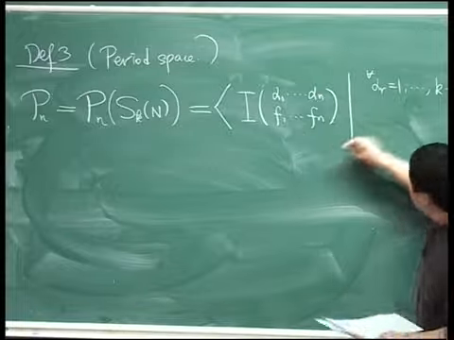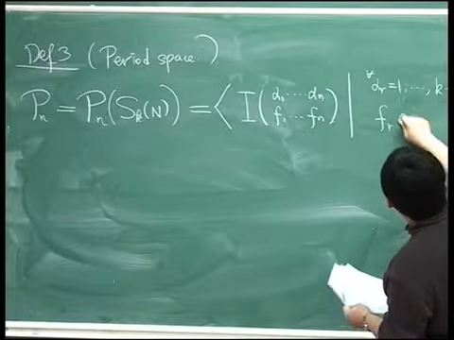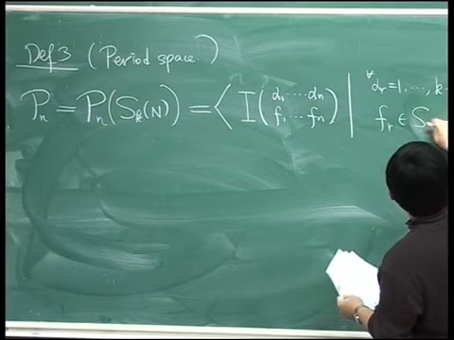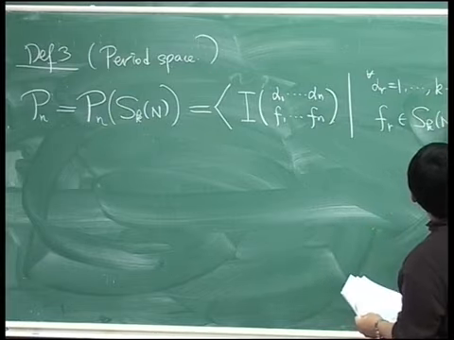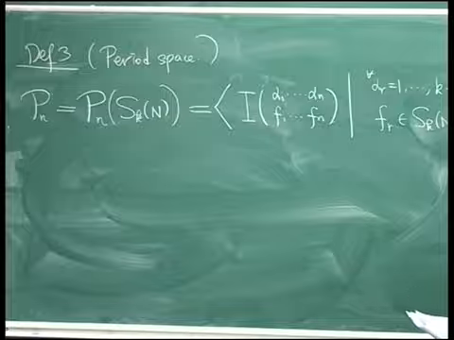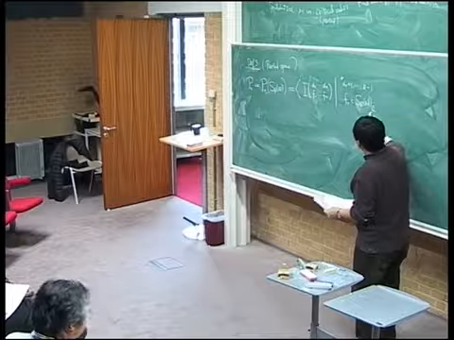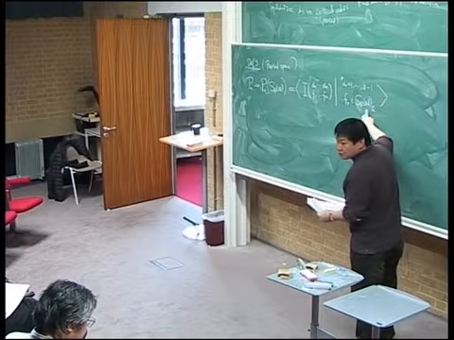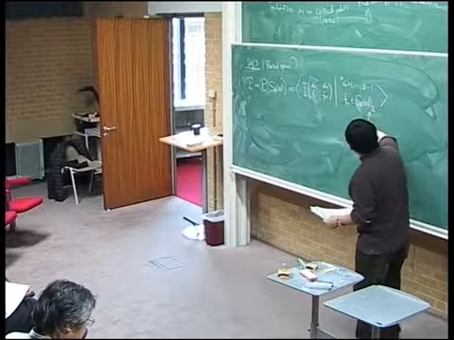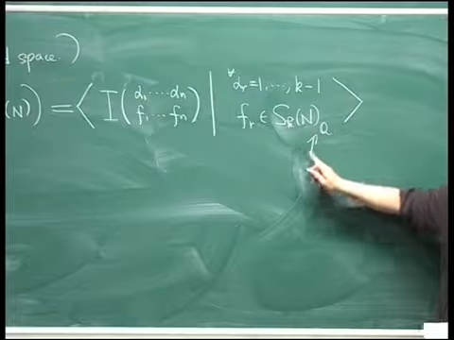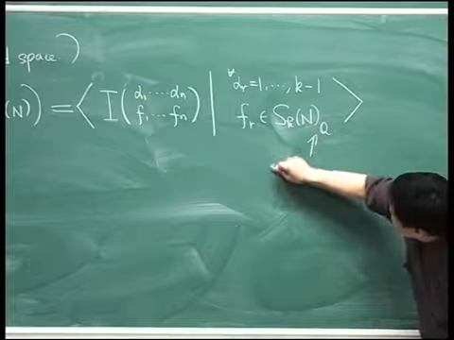And here f runs over the space of cusp forms with rational coefficients. This symbol means cusp forms whose Fourier coefficients are rational.